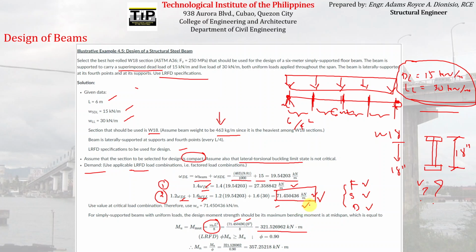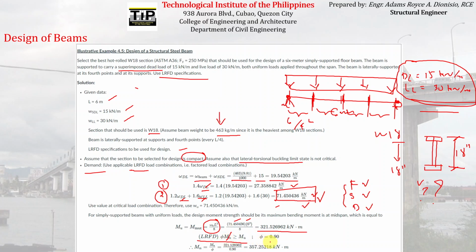This ultimate load will induce a maximum moment on the simply supported beam equal to 321.53.